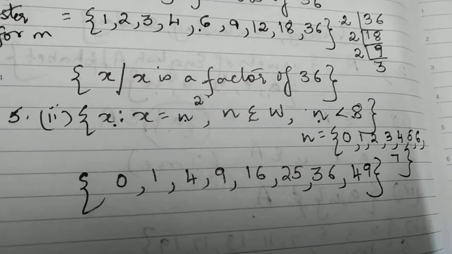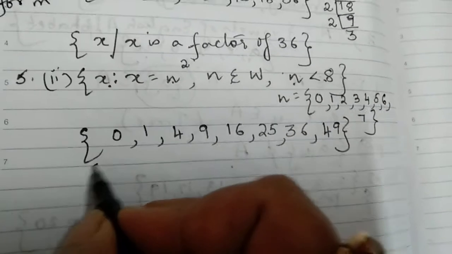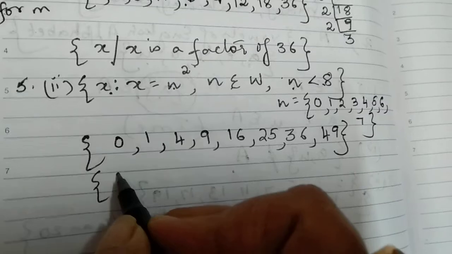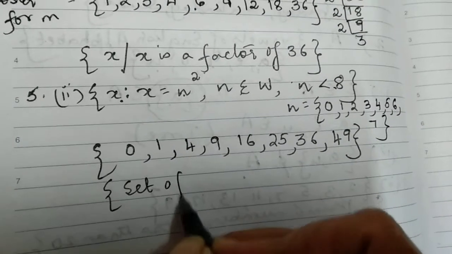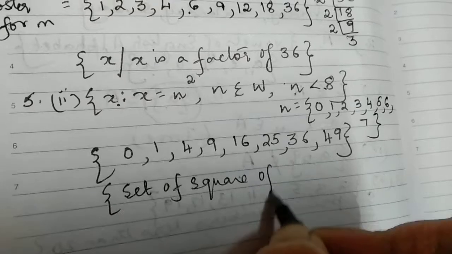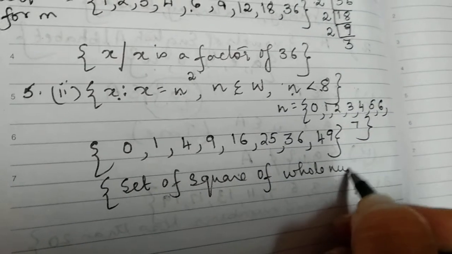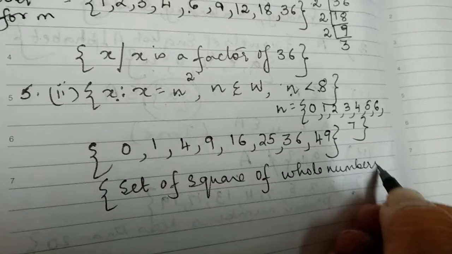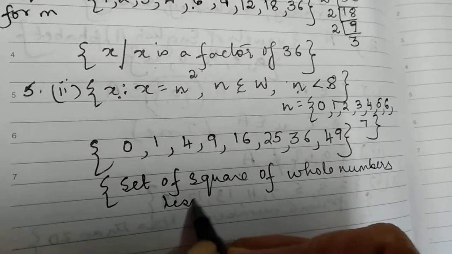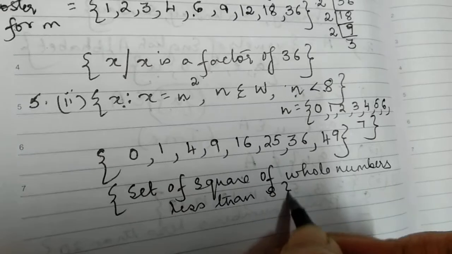It is a set of squares of whole numbers less than 8. Did you understand?